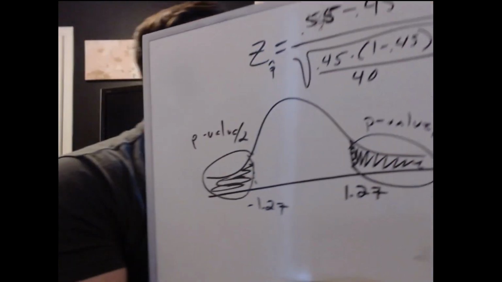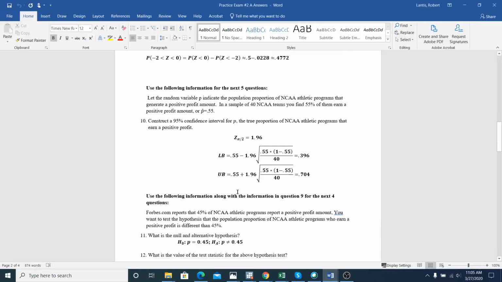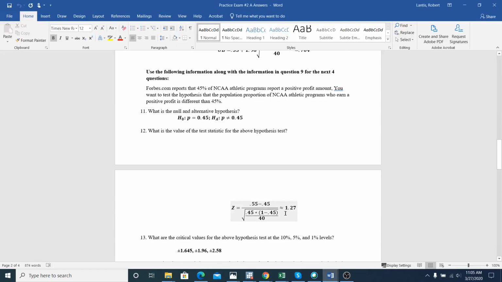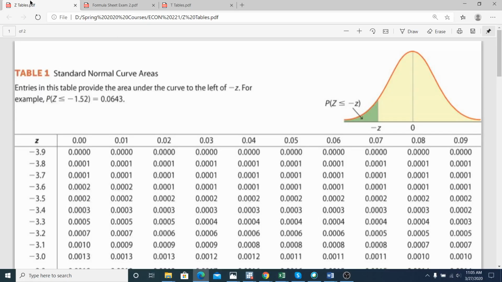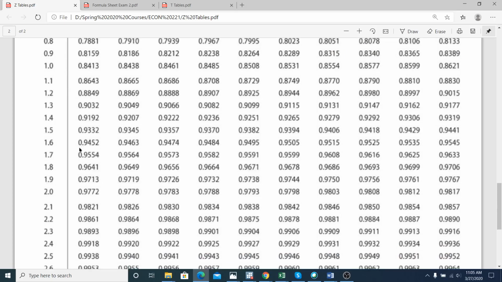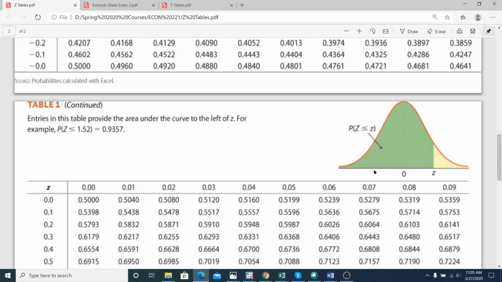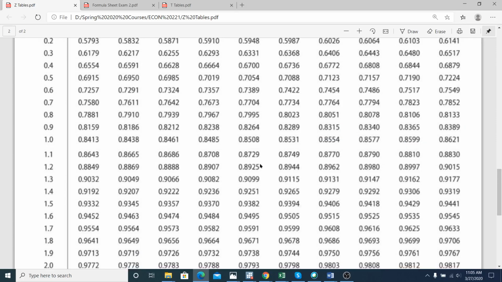Let me double check that I haven't made a mistake. Yeah, so 1.27, we'll look that up. We're dealing with a proportion, so we use the standard normal distribution. So 1.2, go all the way over to 7, so 0.898. Right? I would then subtract that from 1, so what?